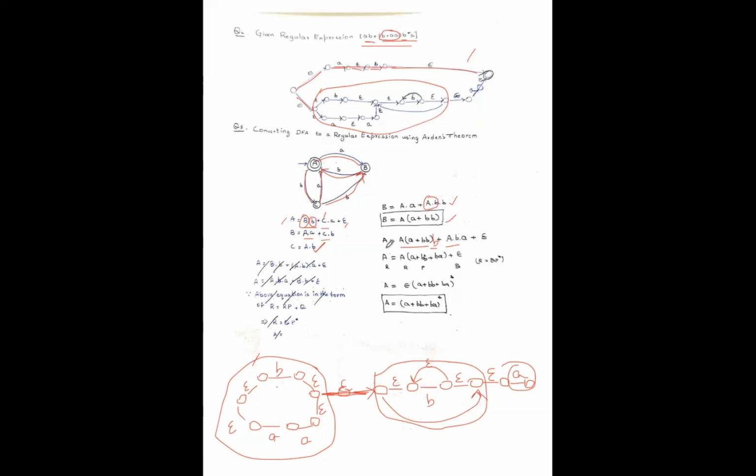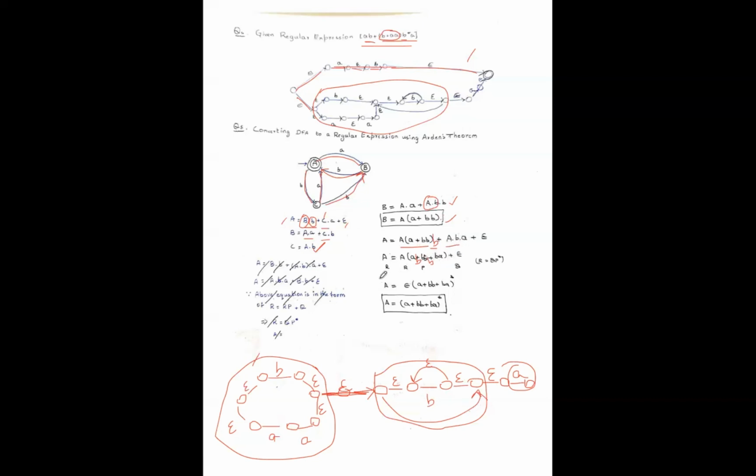Then you can see A common in both the terms. So take A common, A into A plus BB plus BA. So you'll get AB plus BBB. So this can be written as AB plus BBB plus we are taking this B dot A common.